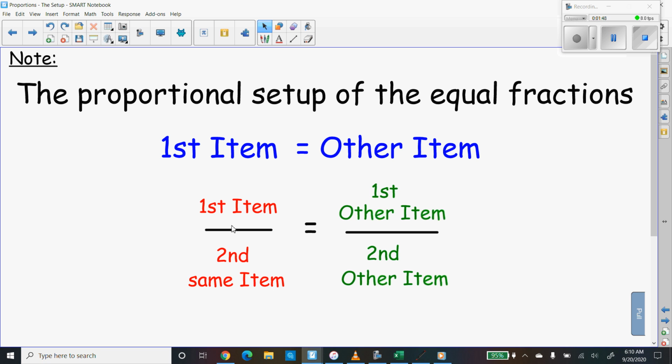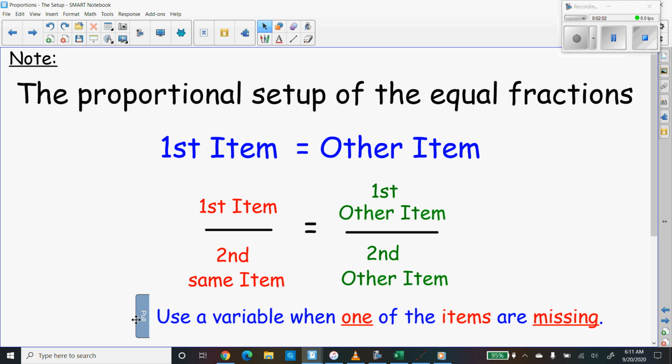And that's over, as the fraction bar says, the second of the same item as the first item, equal to the second of the other item. Now note, one of the items is going to be missing, so use a variable to replace it.